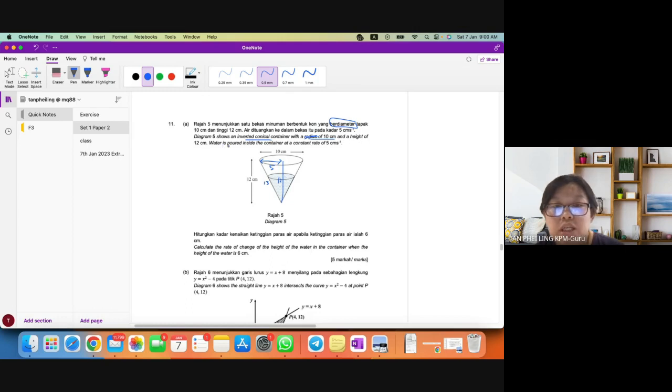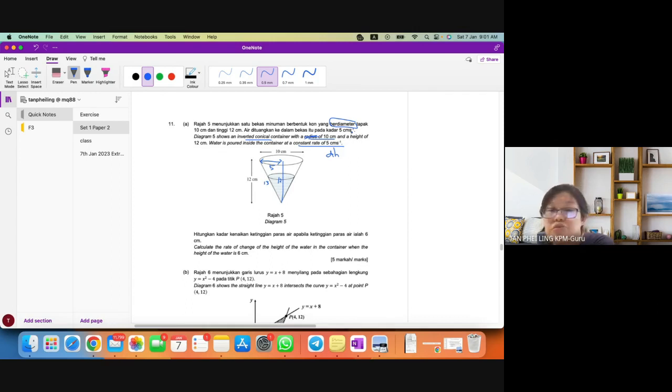Water is poured inside at a constant rate of 5 cm per second. So this tells you what? 5 cm per second means this is a change of height, right? This should be a dh, because why? Okay, 5 cm per second. Per second is always telling you a dt.